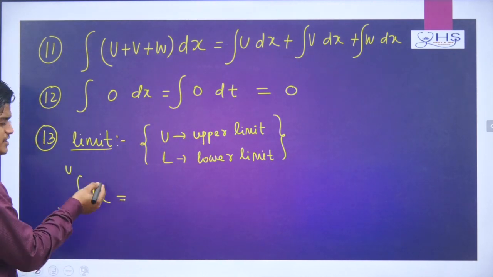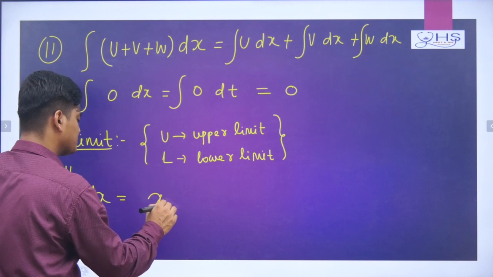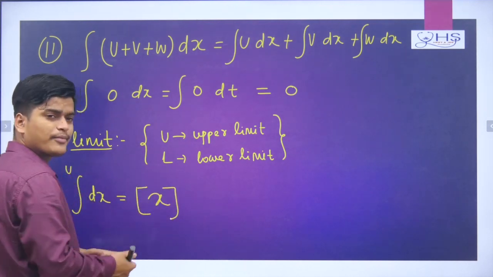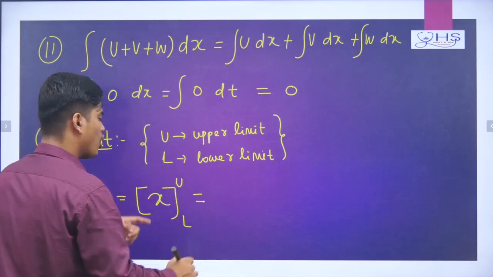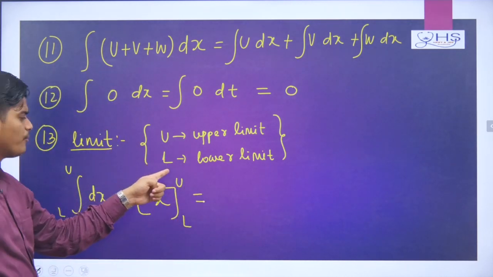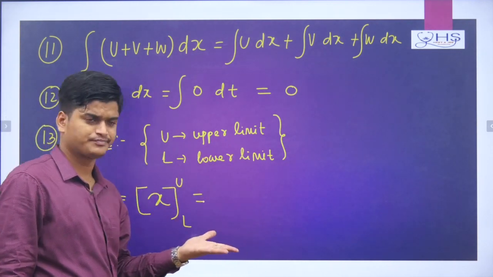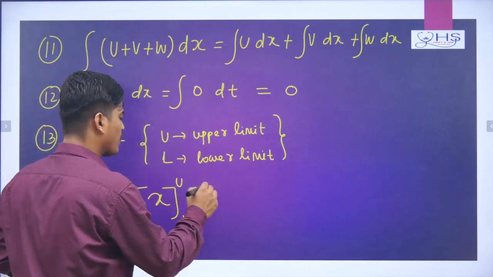If I am doing the integration, the normal integration whatever you studied, the same integration you calculate. Now here this is x, the integration of dx is x. Now just keep a square bracket, then after that put L here and u here. Upper limit is u, and the lower limit is L. What are these upper limit and lower limit? They can be some numbers, some constant values also. Okay. Now what will happen here?